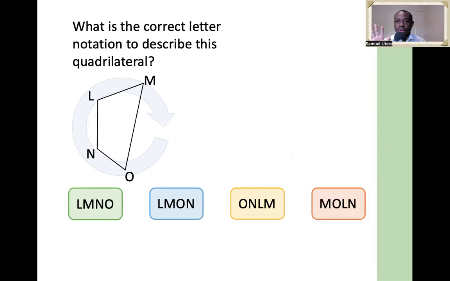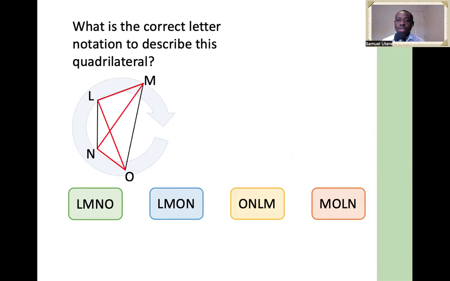Rule number two, it doesn't matter which letter you start with, and they are not always in alphabetical order. So if we follow that rule, you would see that the first one, LMNO, so L, M, N, O, and then back to L, you always need to connect the last letter with the letter you start with.